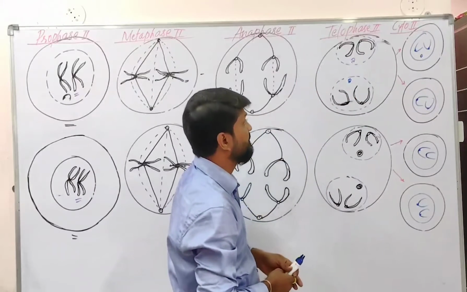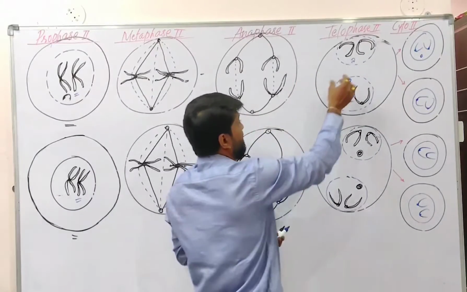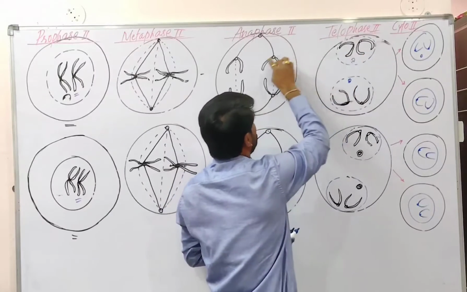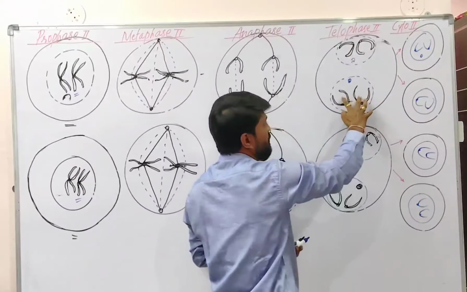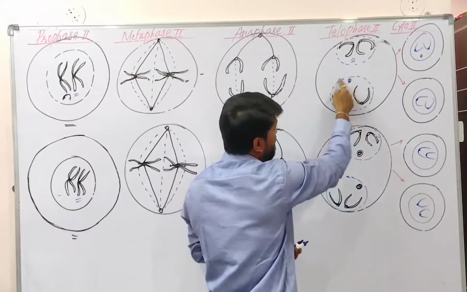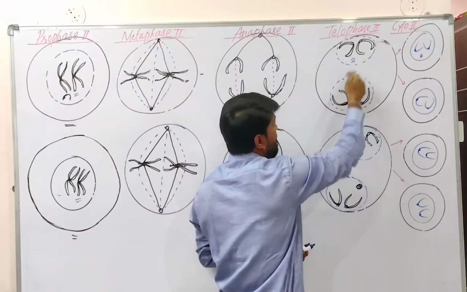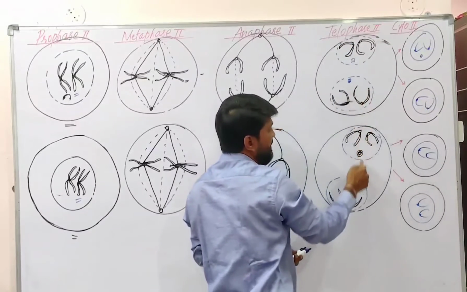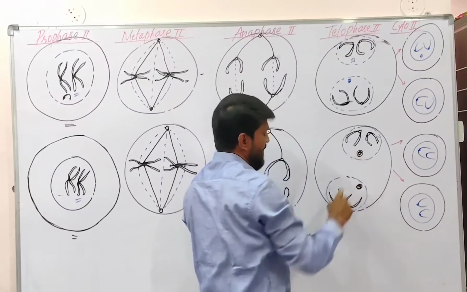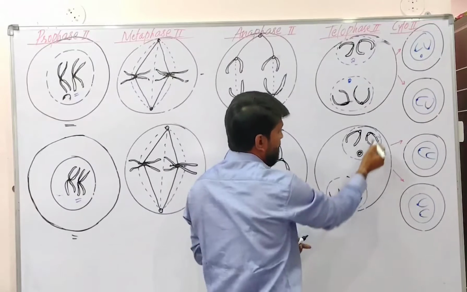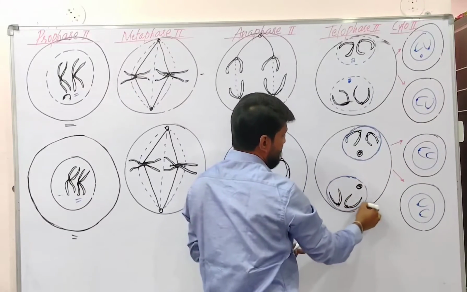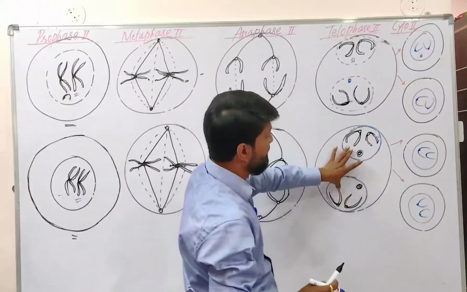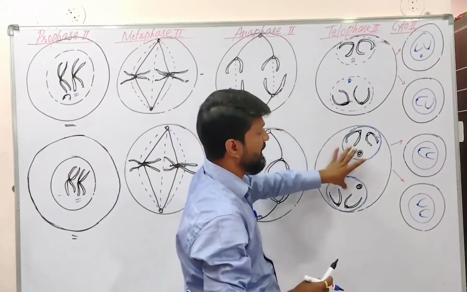So in telophase 2, we know the chromatids will be moved toward the opposite poles. There will be reorganization of the nuclear membrane and nucleolus. Okay. And finally, there will be formation of two daughter nuclei having a similar number of chromosomes to that of the parental one.